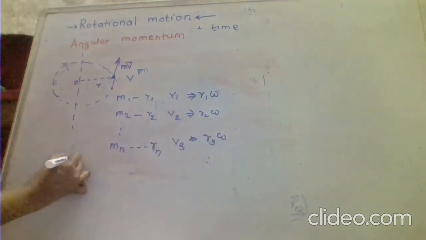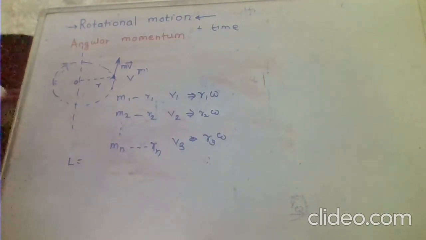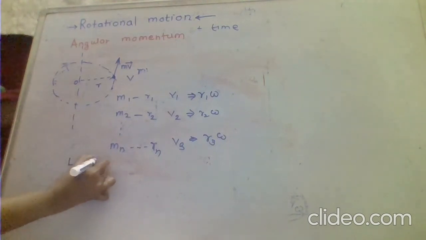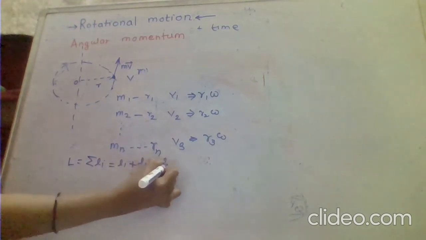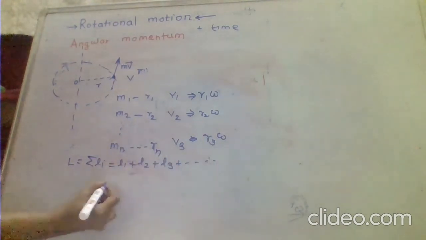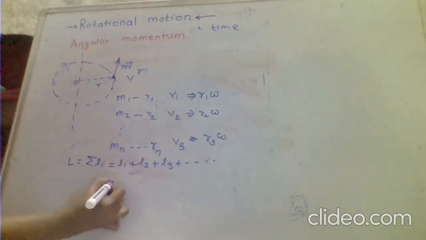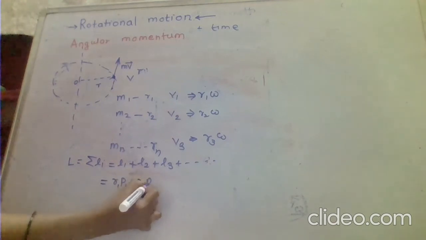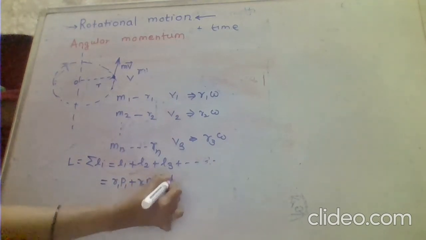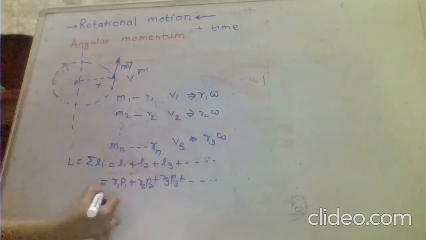Then L, the angular momentum, is given by the summation of Li, that is L1 plus L2 plus L3 and so on. And what will L1 be? R1 P1 plus R2 P2 plus R3 P3 and so on.